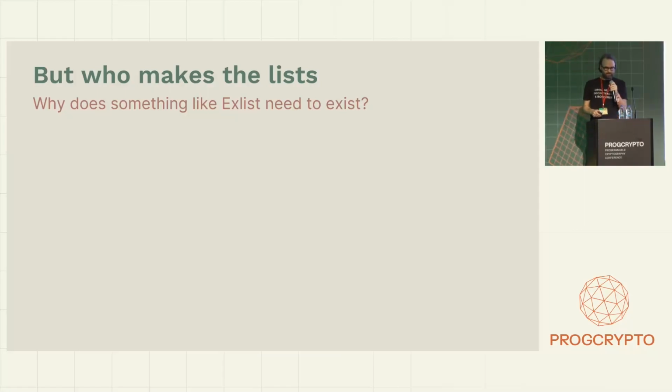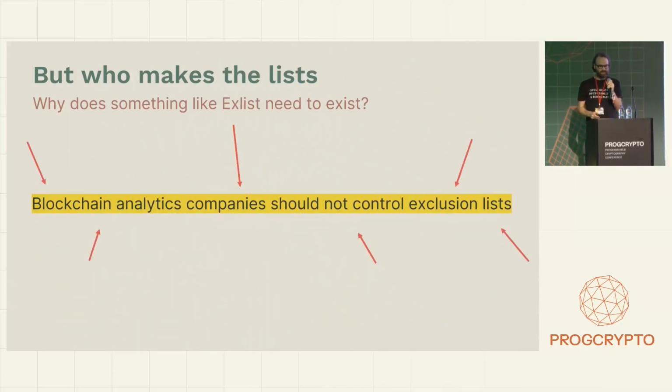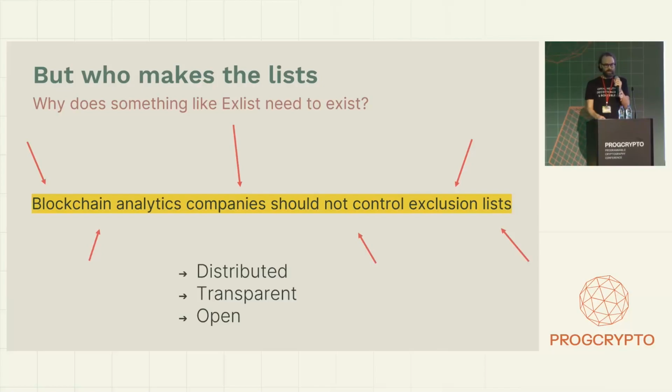So, you might ask, who makes these lists? Who decides who is excluded? Right now, it's the blockchain analytics companies. These are centralized companies whose incentives may or may not be aligned with the ecosystem as a whole. So these proof of innocence tools, which are operating now and being deployed now, this is the place where they're going to get them.